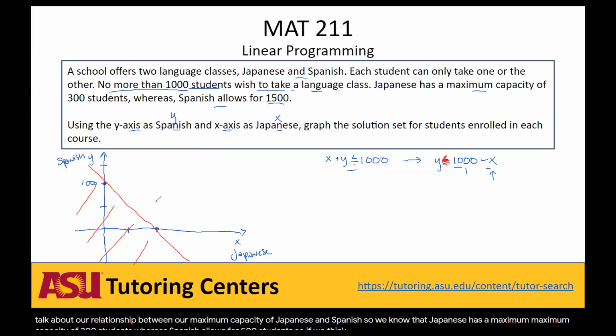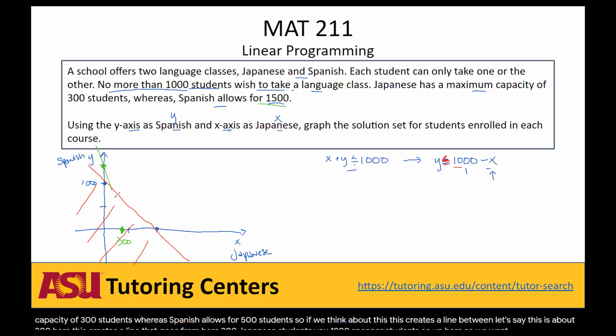So if we think about this, let's say this is about 300 here. This creates a line that goes from here, 300 Japanese students, up to 1,500 Spanish students, so up here.